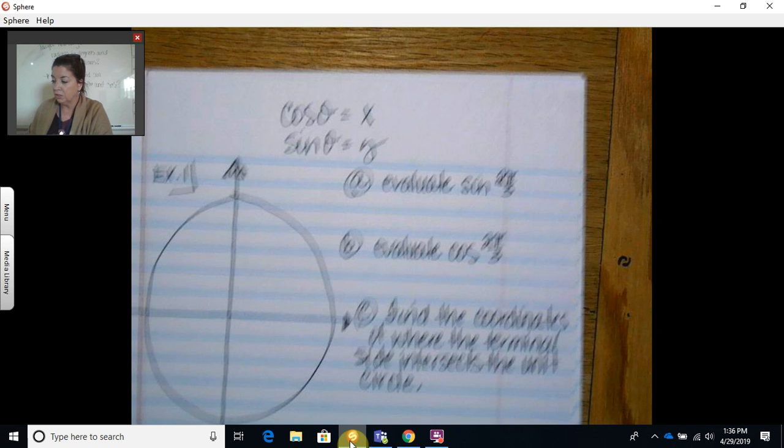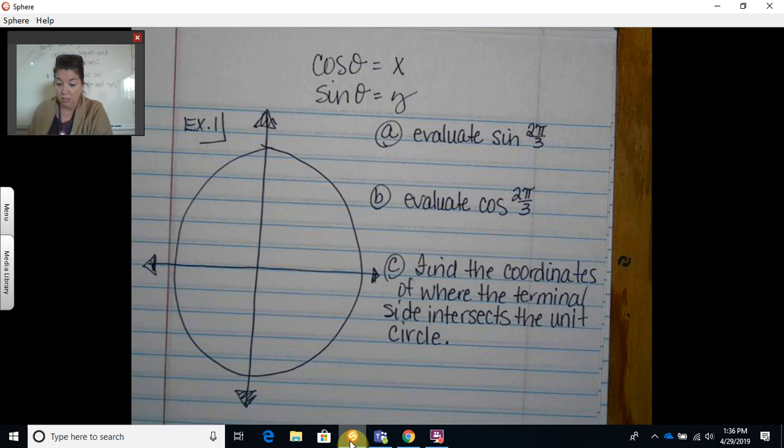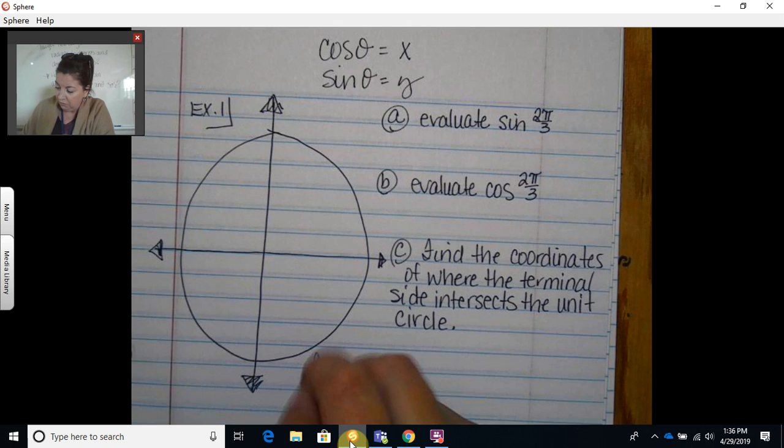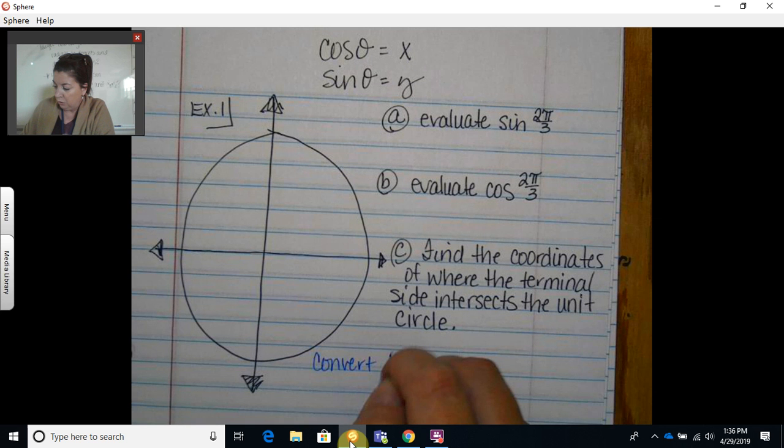All right, well, we have to figure out where we are going to draw this terminal side. Like, where is 2 pi over 3? So what I would do, me personally, you could look back at your unit circle, or you could just convert. That's in radians right now, right? We could also easily just convert 2 pi over 3 to degrees.